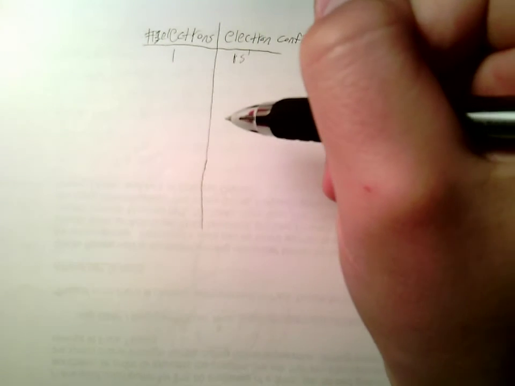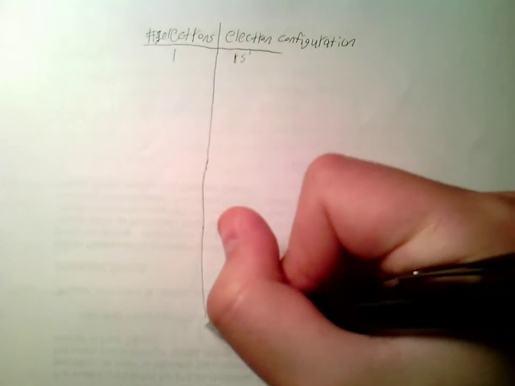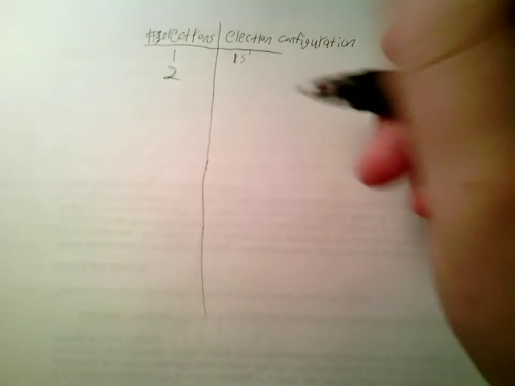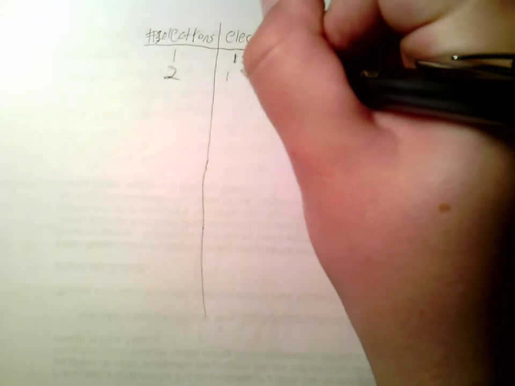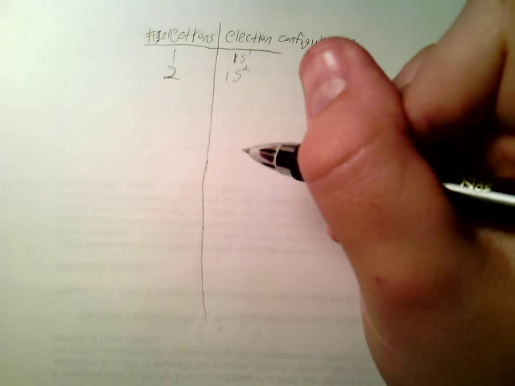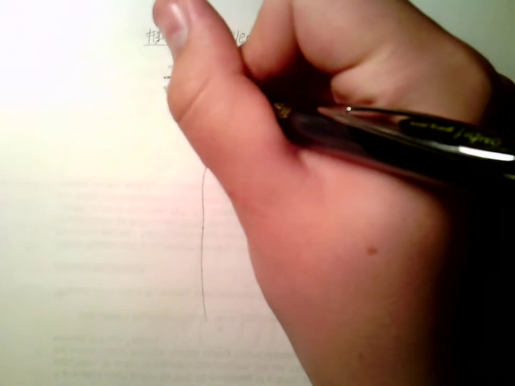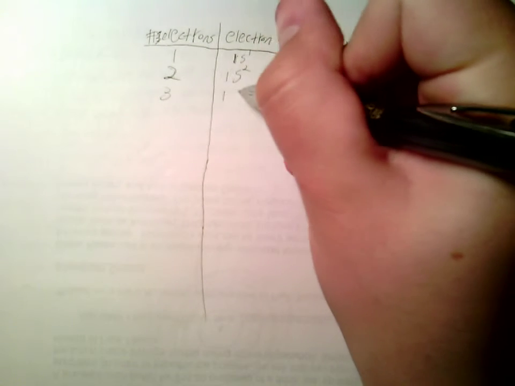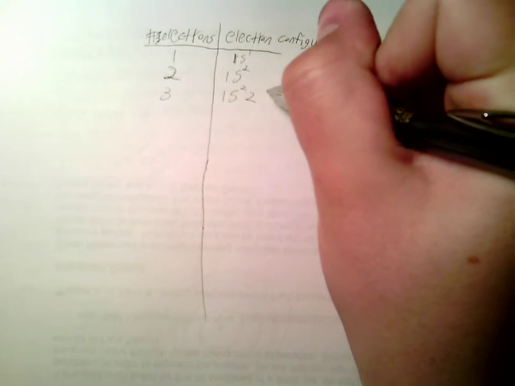If a given element has two electrons, its electron configuration is going to be 1s2. Okay? If a given element has three electrons, its electron configuration is going to be 1s2, 2s1.